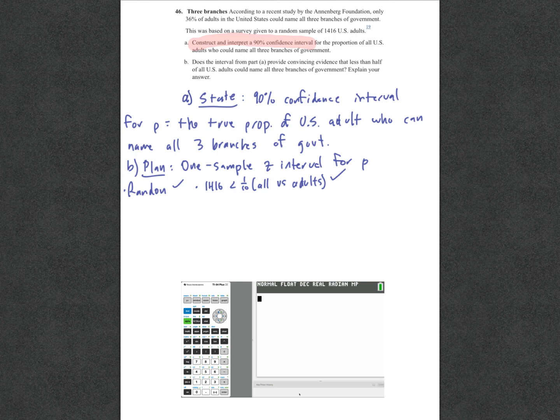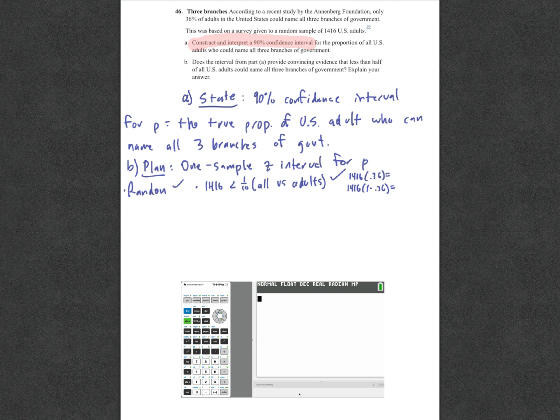Okay, and the large counts condition, we'll do n times p and n times 1 minus p. So n is 1416 times p, which was 0.36, and then 1416 times 1 minus p.